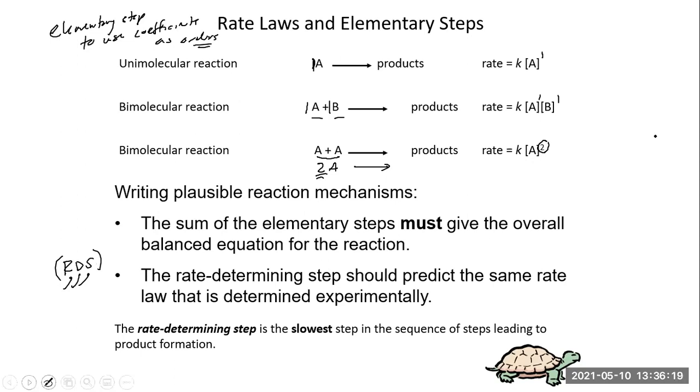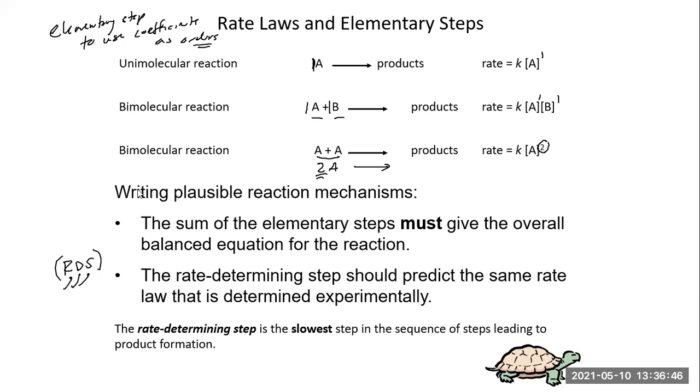So let's say, for example, you had a two-step mechanism where the first step was the fast step and the second step was the slow step. How could you see what's happening in that case?